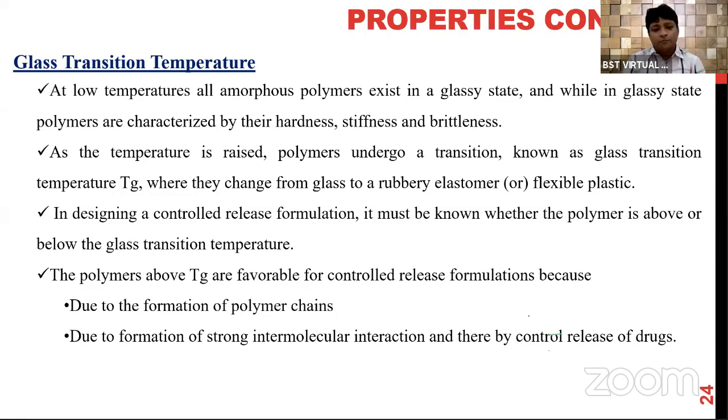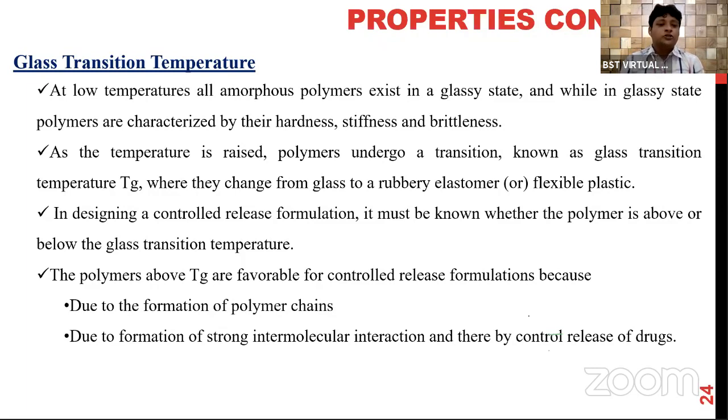Due to the rise in temperature, the physical properties of the glass change from hardness or stiffness to rubber-like elastomer properties or flexible plastic. That is called the glass transition temperature. Now I will show how this glass transition temperature is useful for the preparation of a control release dosage form.